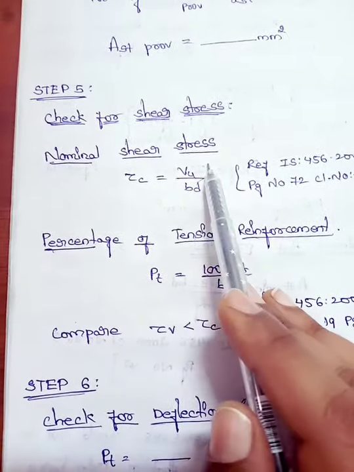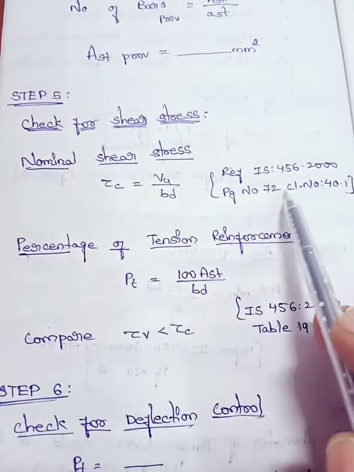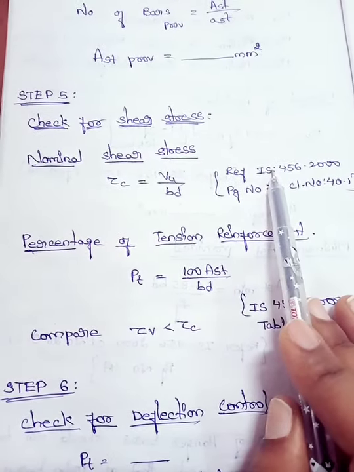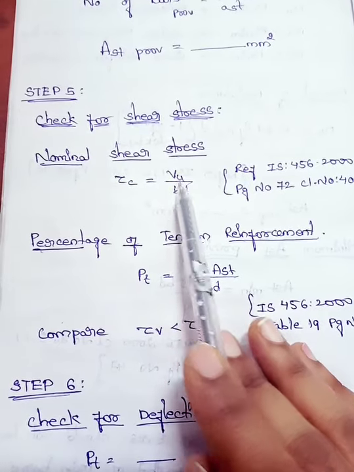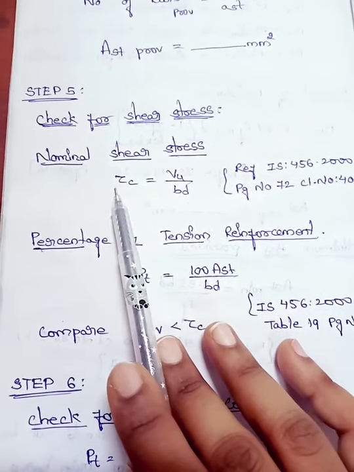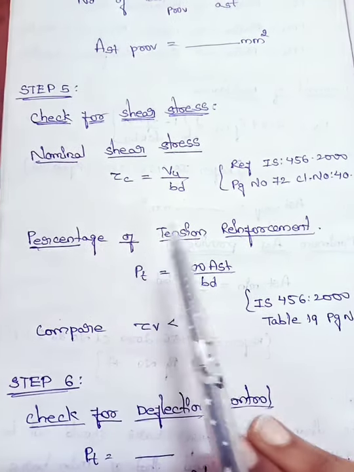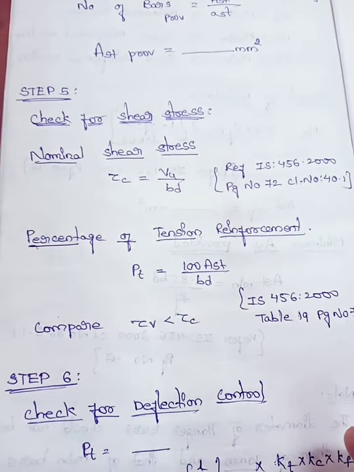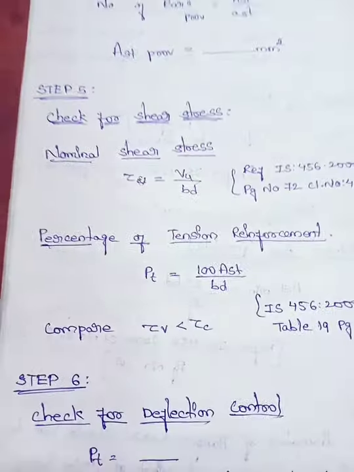Nominal shear stress tau v is equal to Vu by bd. It is there in page 72, clause number 40.1 in IS 456:2000. So this formula is there. Vu we have already calculated in the previous step. So Vu by bd will give the tau v. Then you need to find out the tau c value.